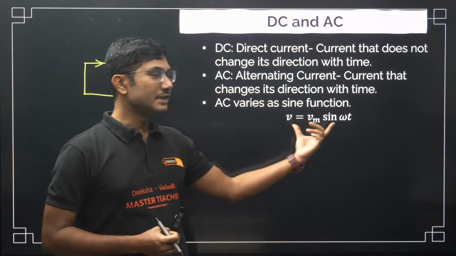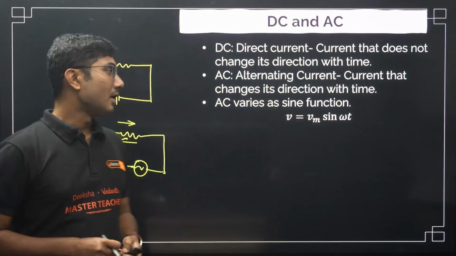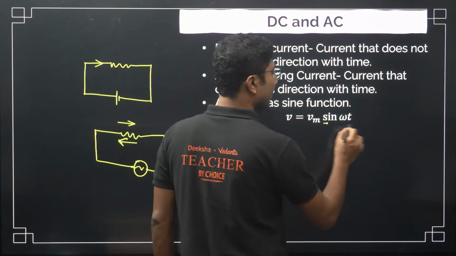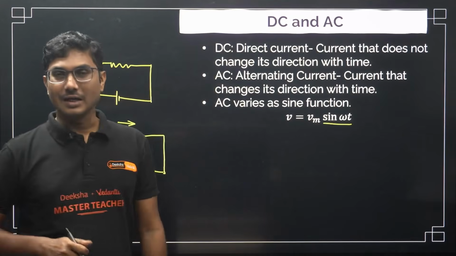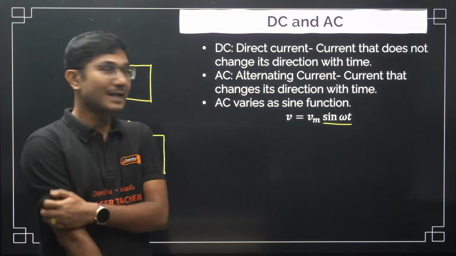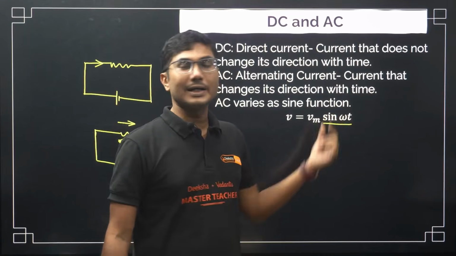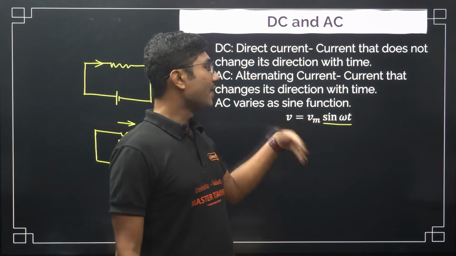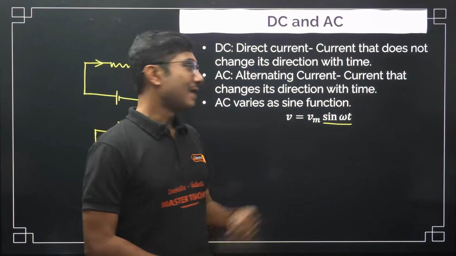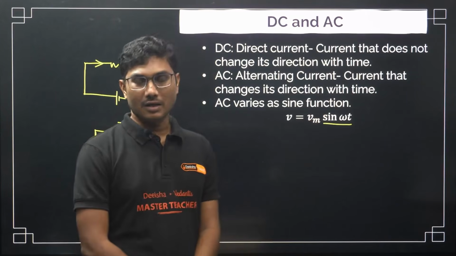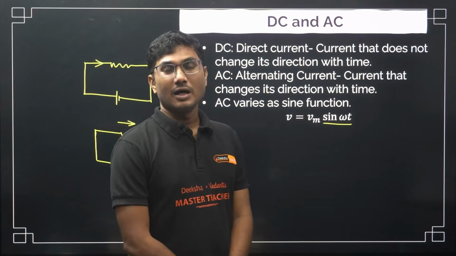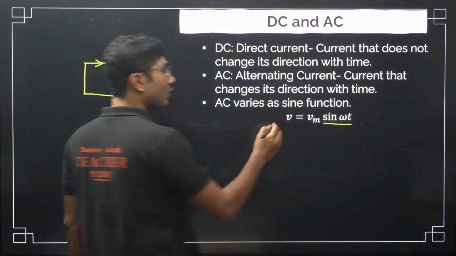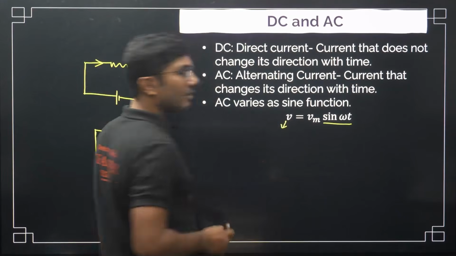The representation of AC uses the expression V = Vm sin ωt. As you know, sin ωt is not constant; it has different values for different angles. As the term ωt varies, the value of sine will change, and based on the particular value of sin θ, the corresponding V value will change. This is the value that we are measuring.